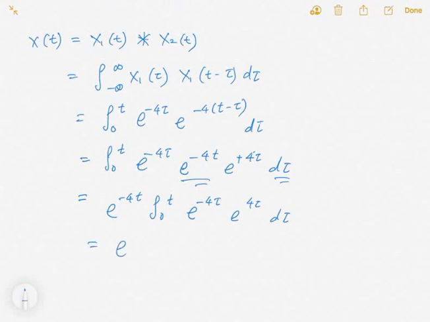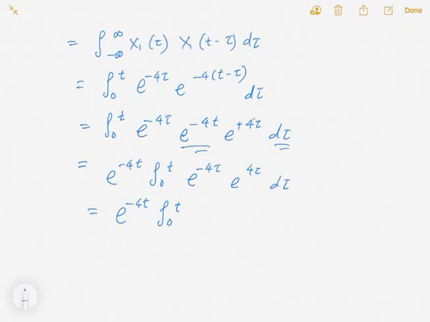Okay, so exponent negative 4t, 0 to t, you get what? Negative 4 tau plus 4 tau, you get 0. So it's exponent 0, you get 1, right? So integrate 1, you get tau.